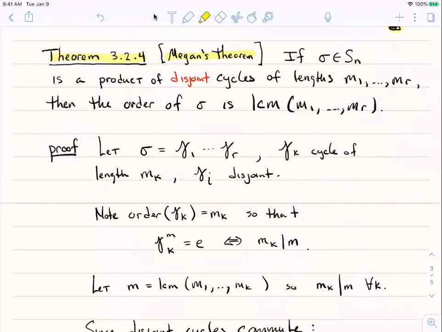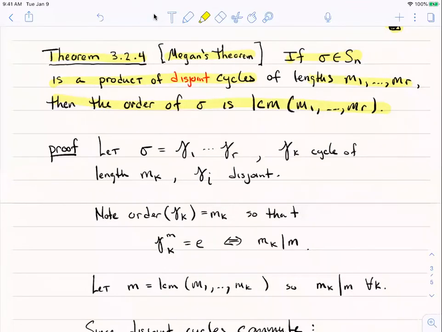If you take your sigma and write it as a product of disjoint cycles, we just proved that you can always do that, and let's say that they have these lengths, M1, M2, up to MR, then the order of your sigma is their least common multiple. So that's what Megan told us in class today. She took the least common multiple of 3, 2, and 2 and got 6. And sure enough, that sigma had order 6. So that's why we're going to call this Megan's theorem.